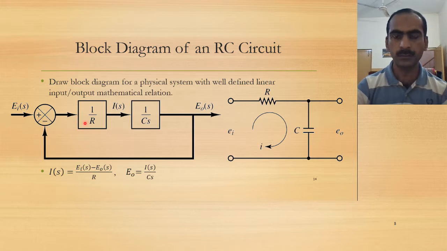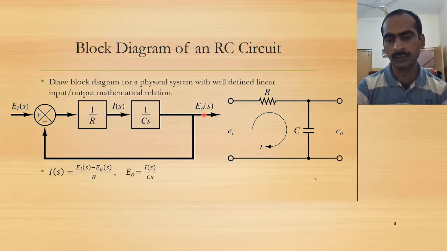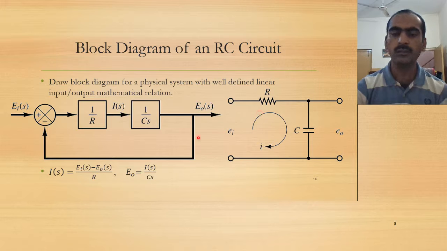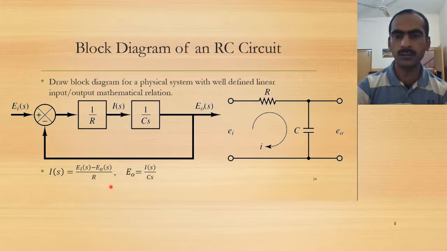Then it is divided by the resistance value, 1 over R. So resistance is replaced by a block 1 over R. After dividing, I get I(s). So this signal is the current. And that current, when multiplied by the 1 over Cs block, gives E naught(s). And that's it. So this circuit is shown in this particular program.